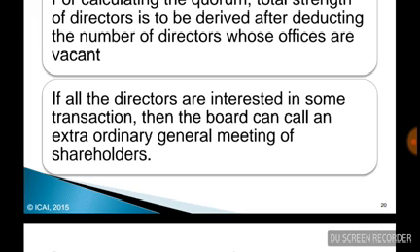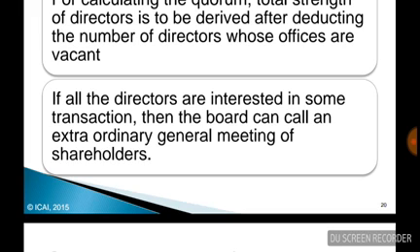And if the director is a partner in a firm or a member of any company, then if the company is going to enter into any transaction with that company or partnership firm, he is to be treated as an interested director in it.